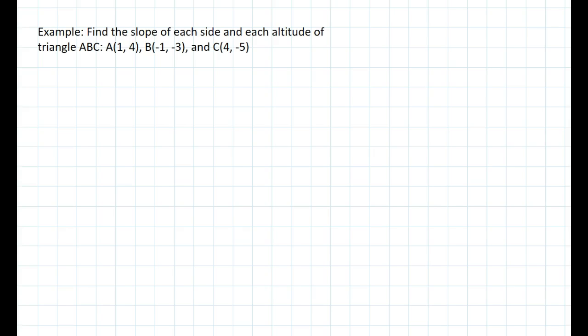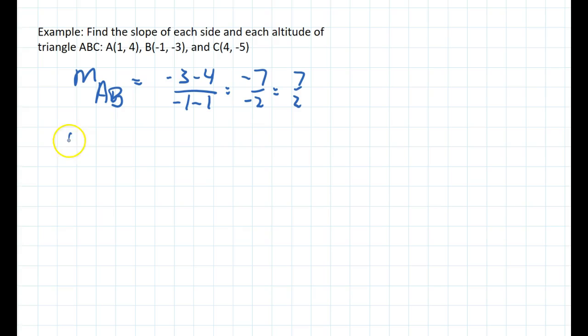And our last example, we're going to find the slope of each side of this triangle and then each altitude. Okay, so the slope of side AB is (negative 3 minus 4) over (negative 1 minus 1), which is negative 7 over negative 2, which is 7/2.